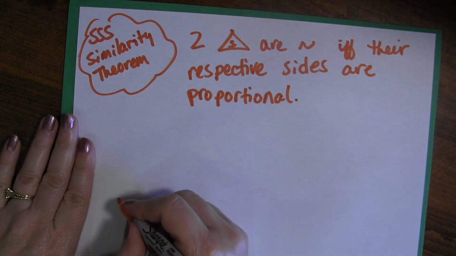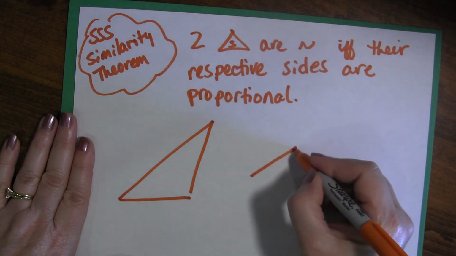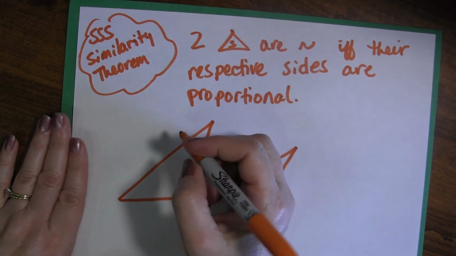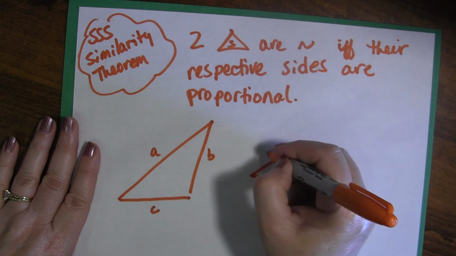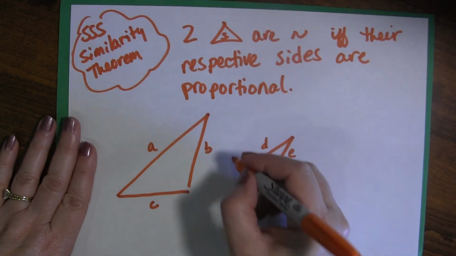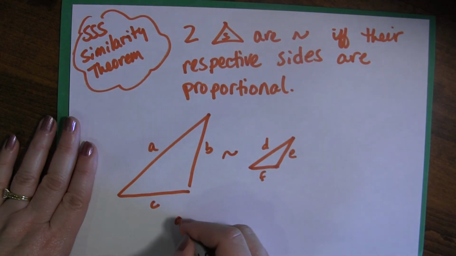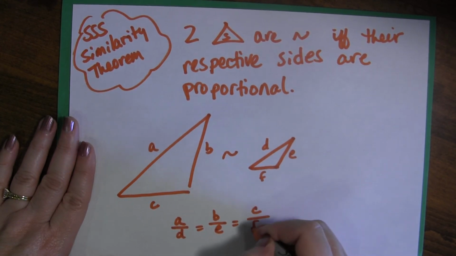So if I have two triangles and I know this is A, this is B, this is C, this is D, this is E, and this is F, I will know that they are similar if A over D equals B over E, which equals C over F.